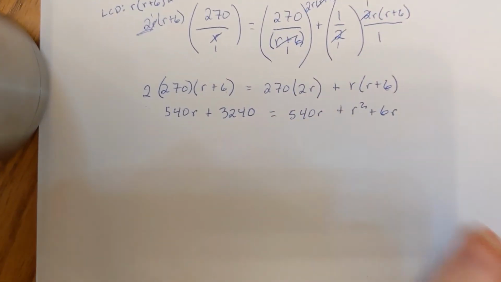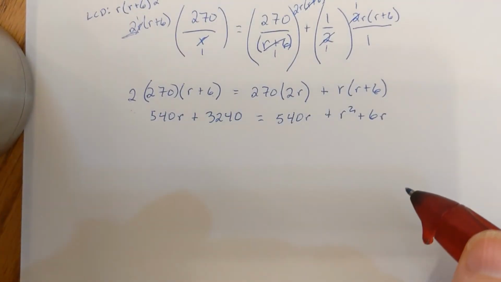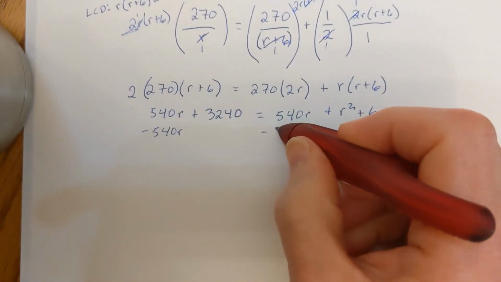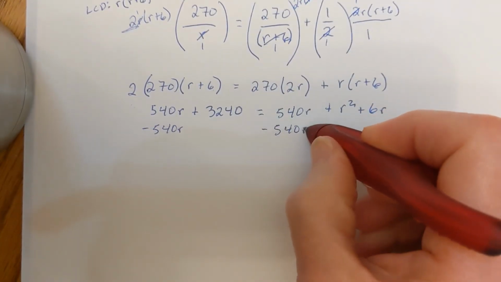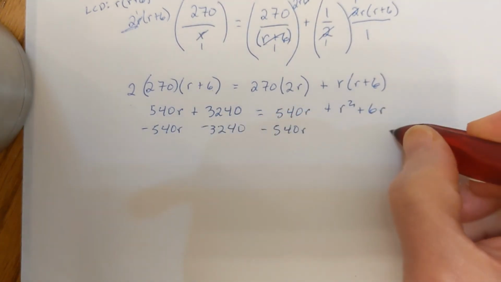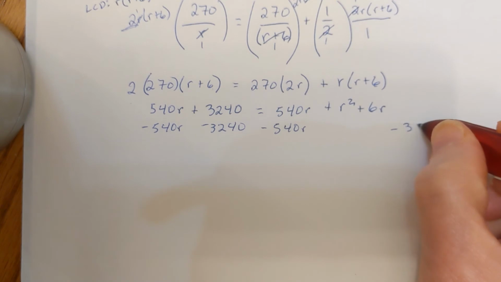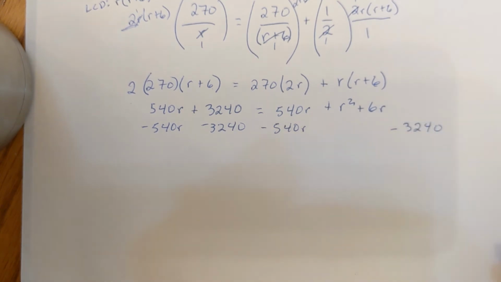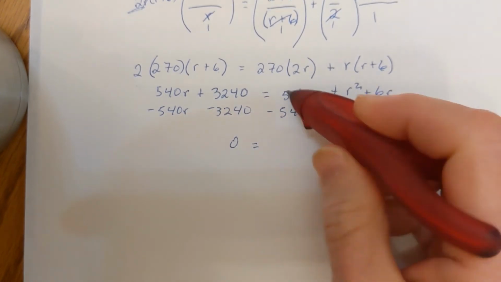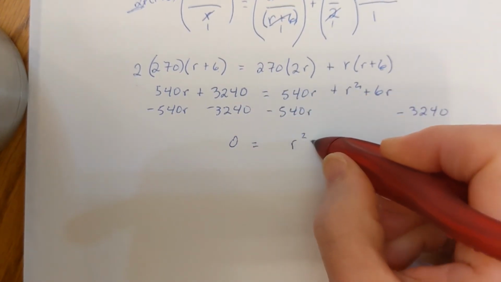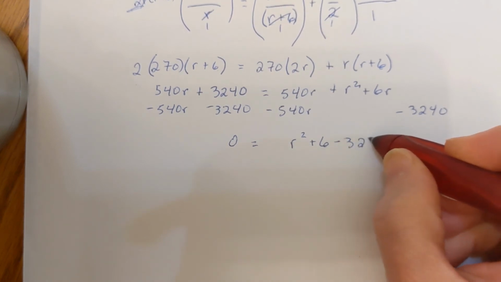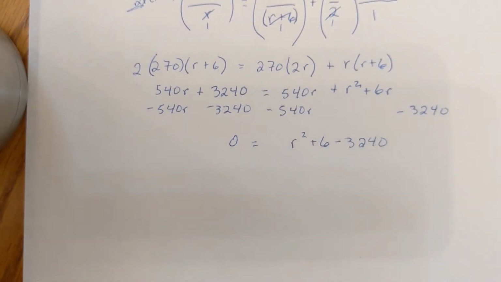I need to set it equal to 0, so I'm going to subtract 540R from both sides. I'm going to subtract 3,240 from both sides. That makes this side of the equation equal 0, and I have R squared plus 6R minus 3,240.